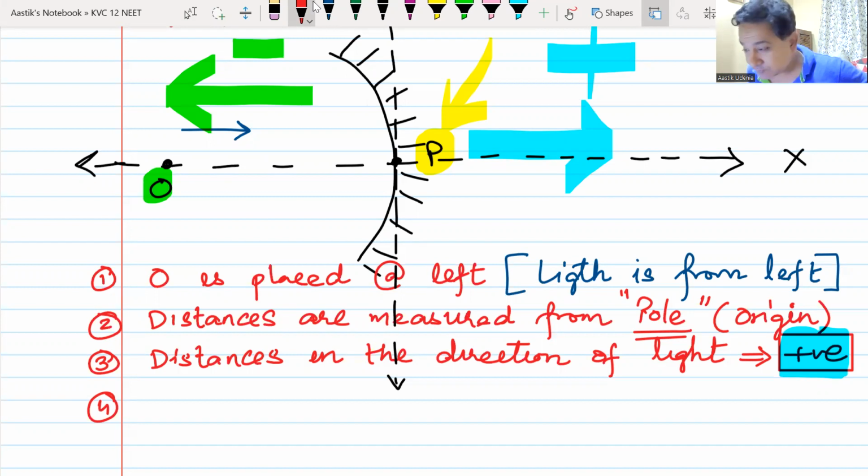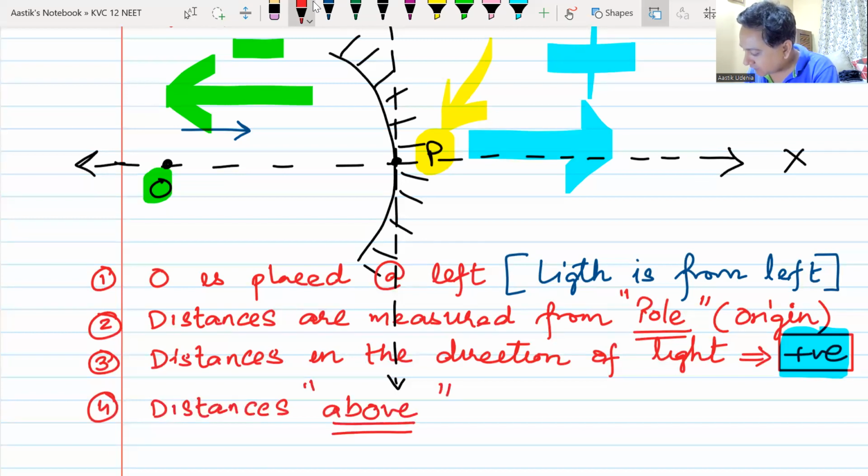What is the next point? Distances measured from the pole vertically upwards are positive. Distances above the principal axis are positive. So if the distance is above the principal axis, it will be taken as positive.